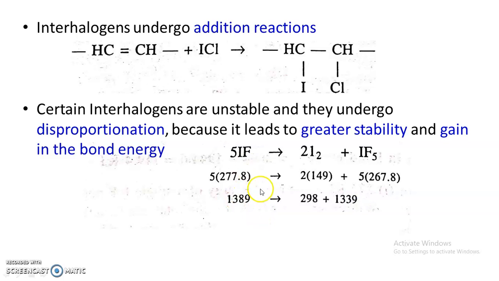So the sum of bond energy for 5 moles of iodine monofluoride is 1389. Similarly, for iodine it is 298, and for iodine pentafluoride it is 1339.